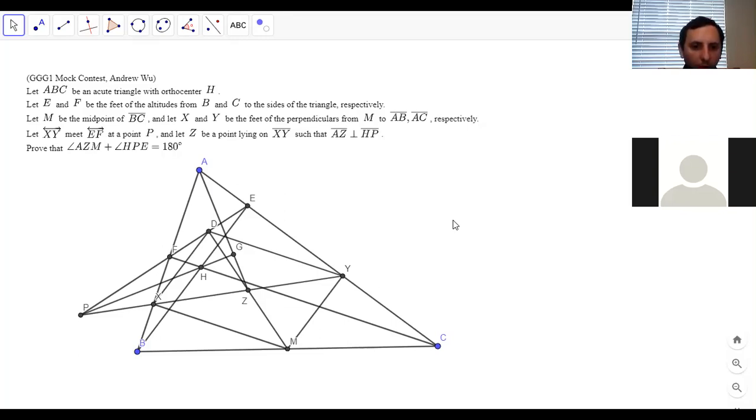So hold on a second. HP is perpendicular to AC. Maybe vectors would help or something like that.